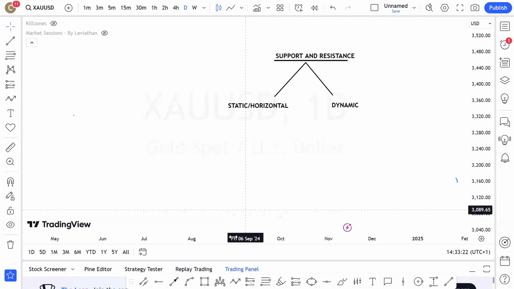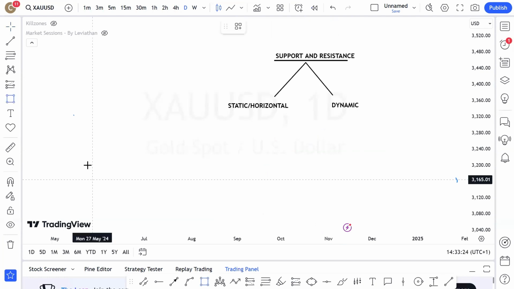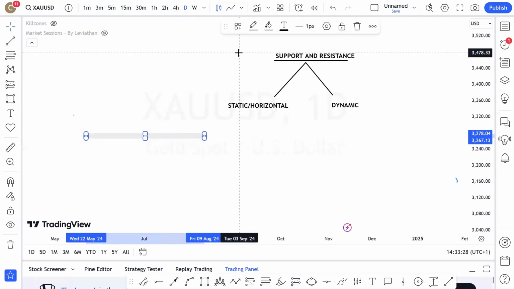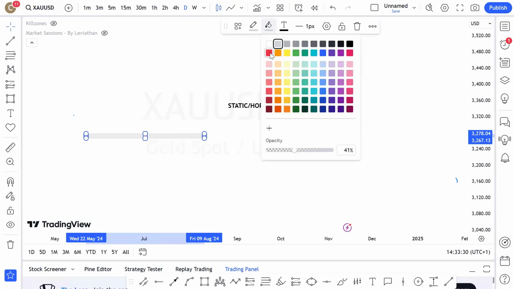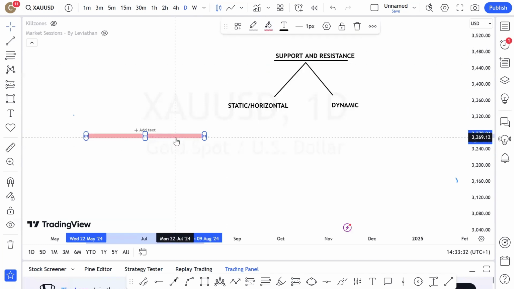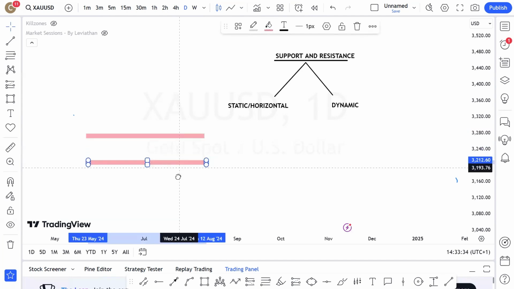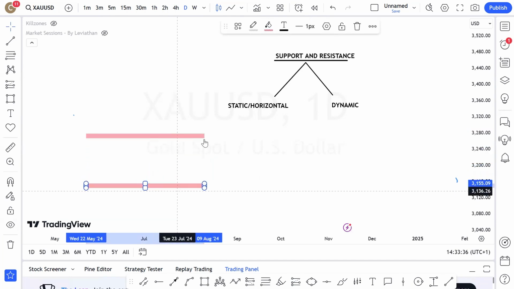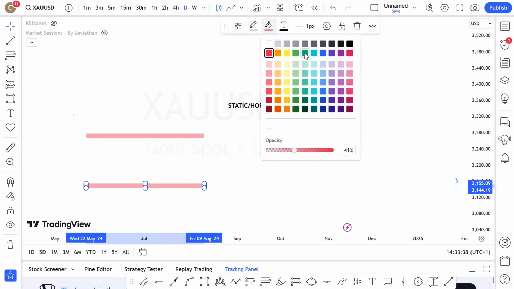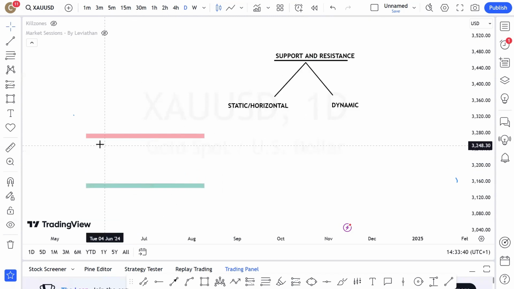What I mean by reversal is, let's say we have these two zones like this. This is a resistance zone, and of course, this is a support zone. Let's say we have these two zones on the chart, and the market is coming from this zone. If the market is coming from an area of resistance, you see it going down, right?